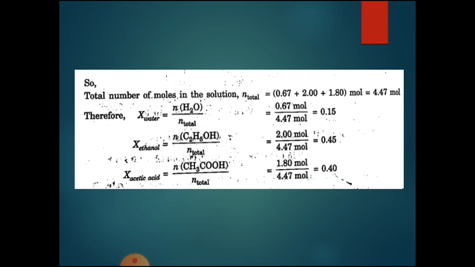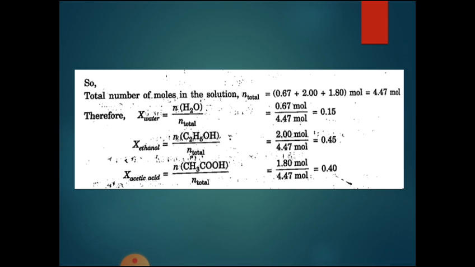When you add 0.67 mole plus 2 mole plus 1.80 mole, you get the total number of moles in the solution, which is 4.47 mole. The next step is to find the mole fraction.